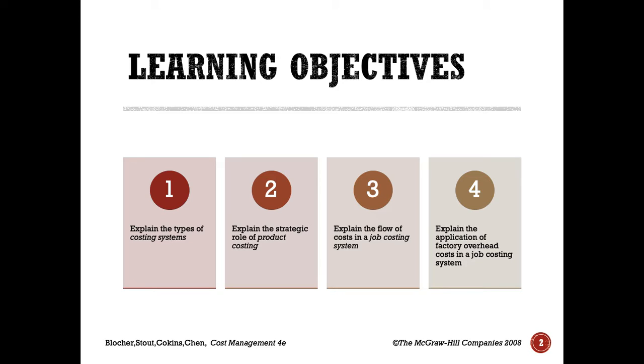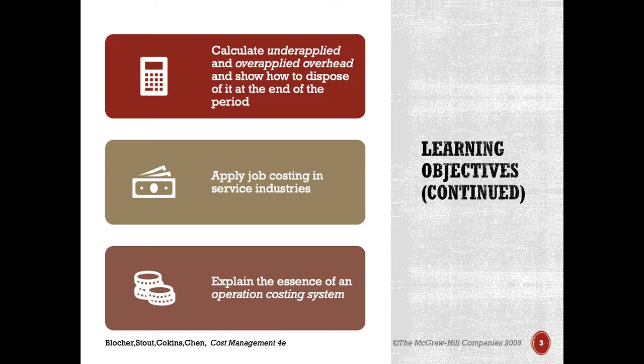The learning objectives of this chapter are: explain the types of costing systems, explain the strategic role of product costing, explain the flow of costs in the job costing system, explain the application of factory overhead costs in a job costing system, and then calculate under-applied and over-applied overhead and show how to dispose of it at the end of the period. Apply job costing in the service industry and explain the essence of an operation costing system.